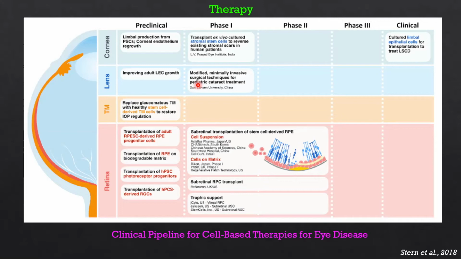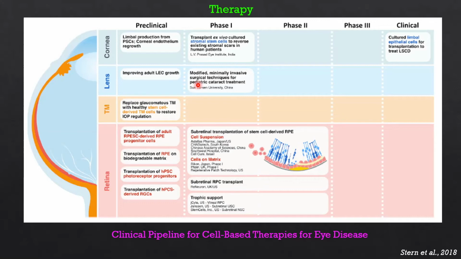And this is the clinical pipeline for the cell-based therapies going on in eye diseases. I think we'll have to read a lot, and work a lot on the basic mechanisms of stem cells: what is their actual function in tissue homeostasis, and where they are located.